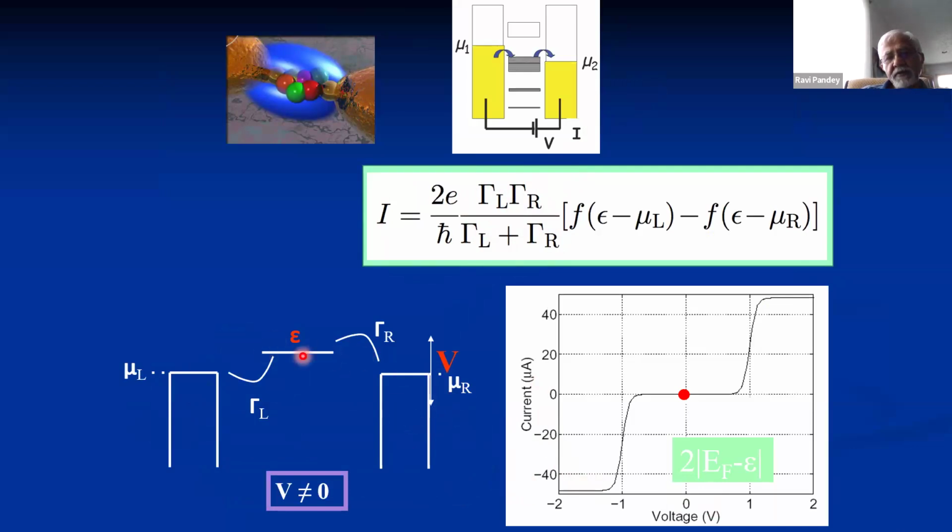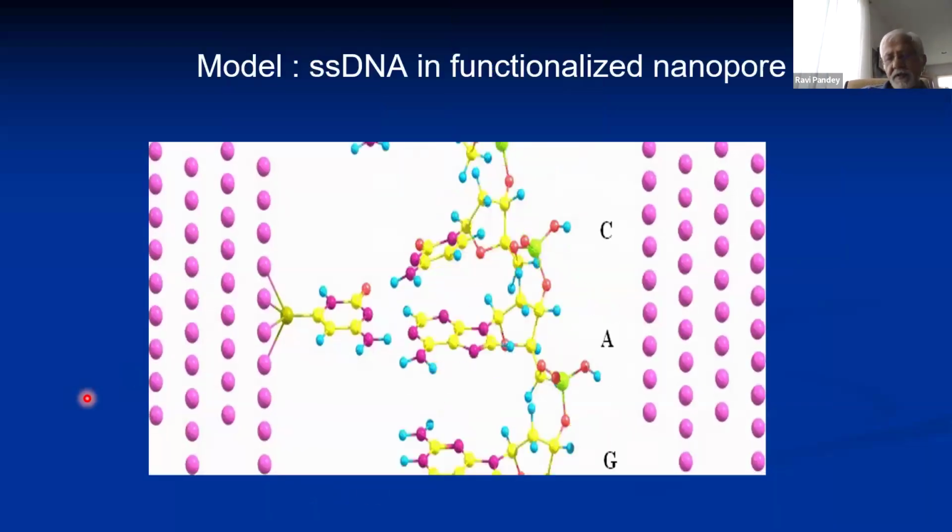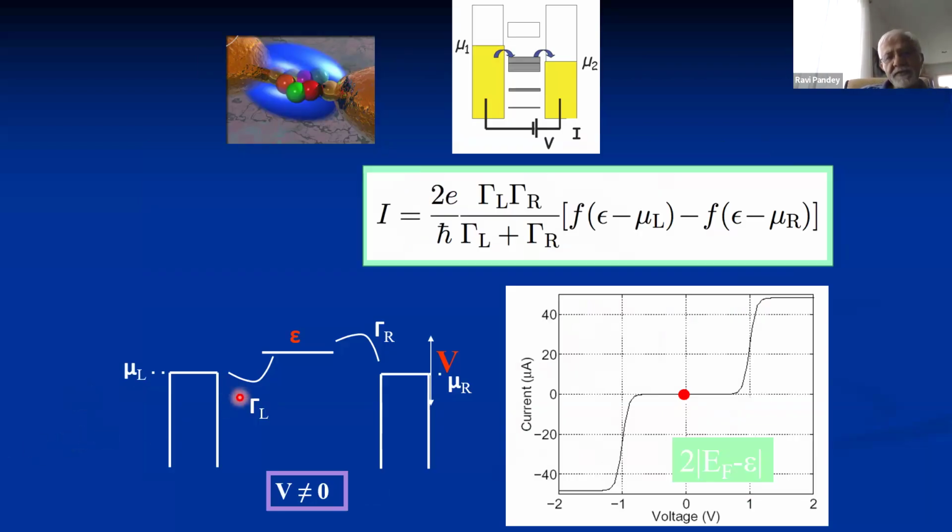And we have the eigenvalue of the active system or quantum region, which in this case is our DNA passing through the nanopore, the energy level. As we apply the voltage, this level shifts upward and this shifts downward, and when one matches, the current flows. That's the idea of this source-drain two-terminal device model.